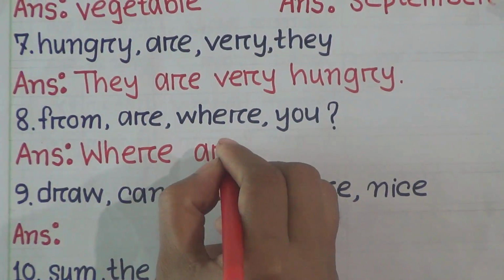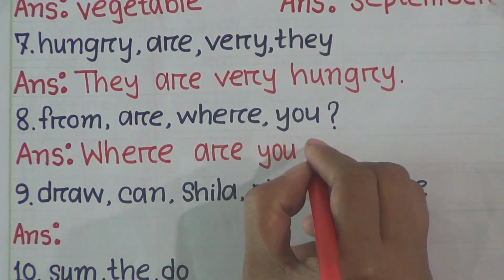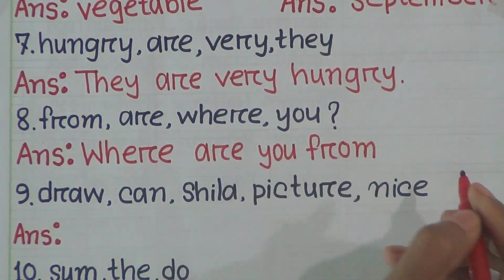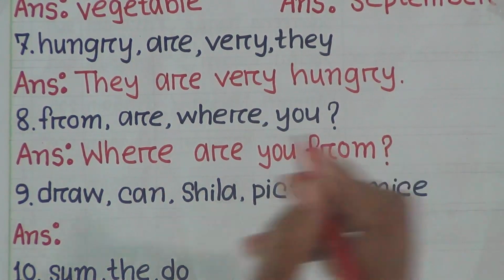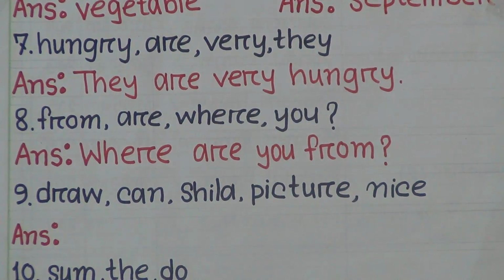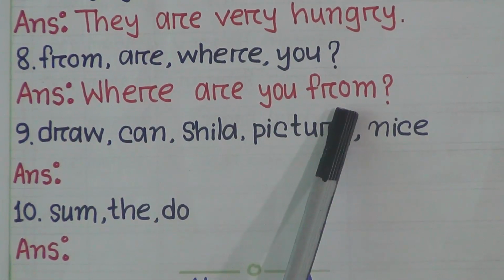Where are you from? F-R-O-M. From. If we find a question, we must put a question mark here. Don't forget to give this sign. So our sentence will be, where are you from?